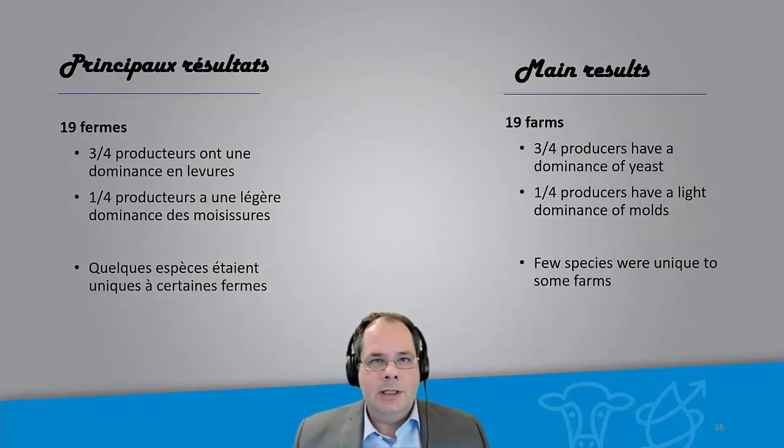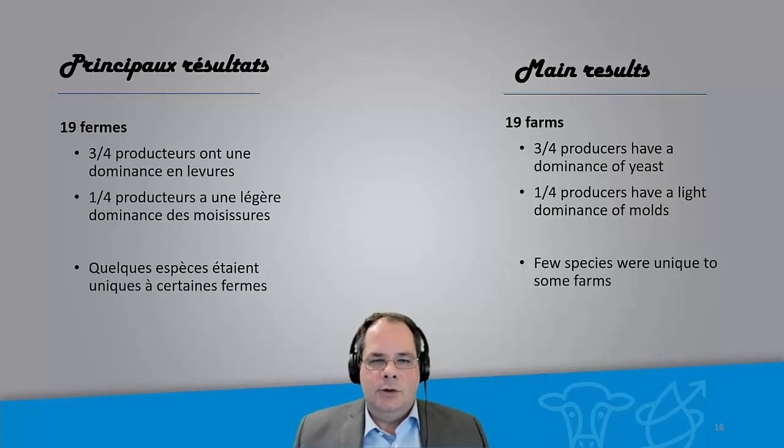Our results for this study were therefore among the farms studied. We had 3/4 of producers who displayed dominance in yeast, while 1/4 of producers had a light dominance in molds. In terms of the cheese plant, often we want to have yeast dominance rather than mold dominance, since molds can be contaminants that can develop and alter products.